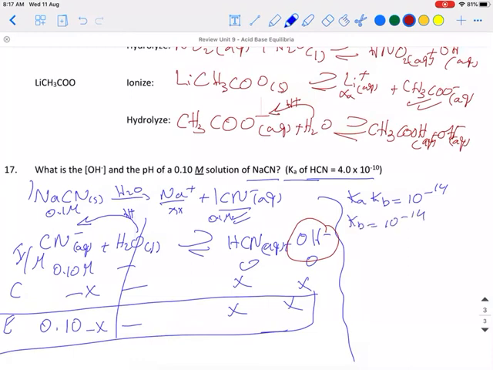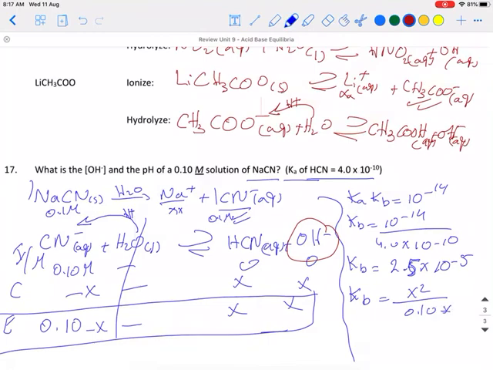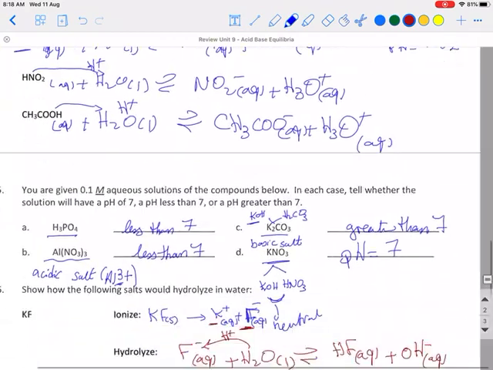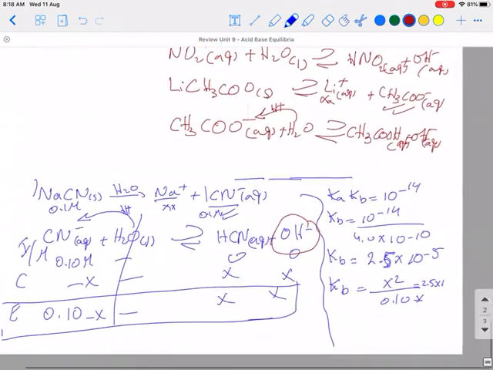So like this we can find the value of Kb, which is 10 negative 14 over 4 times 10 negative 10. So the value of Kb is 2.5 times 10 negative 5. And the expression for Kb is x squared over 0.1 minus x equal to 2.5 times 10 negative 5.